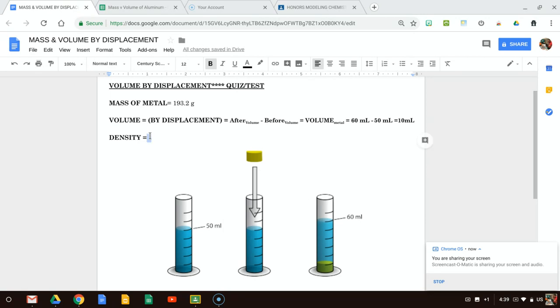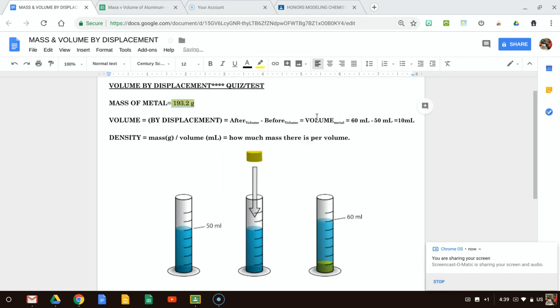Now, density, if you remember, is a unit of mass in grams over volume in milliliters, right? It represents how much mass there is per volume, okay? Now, I have a mass of the metal right here. I'll highlight that.